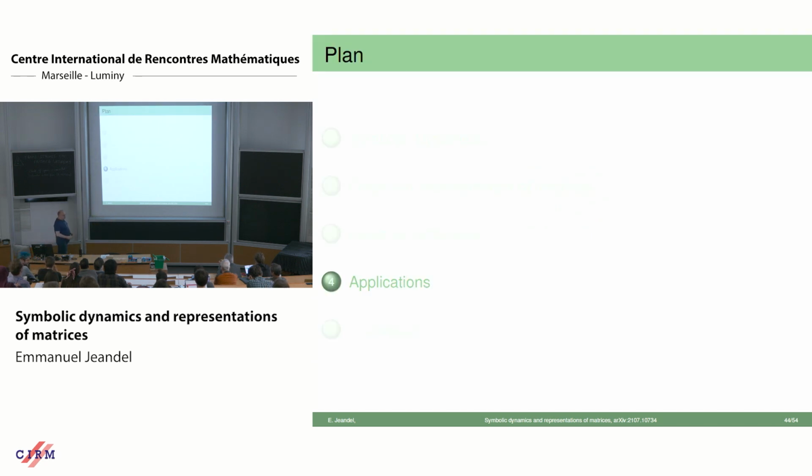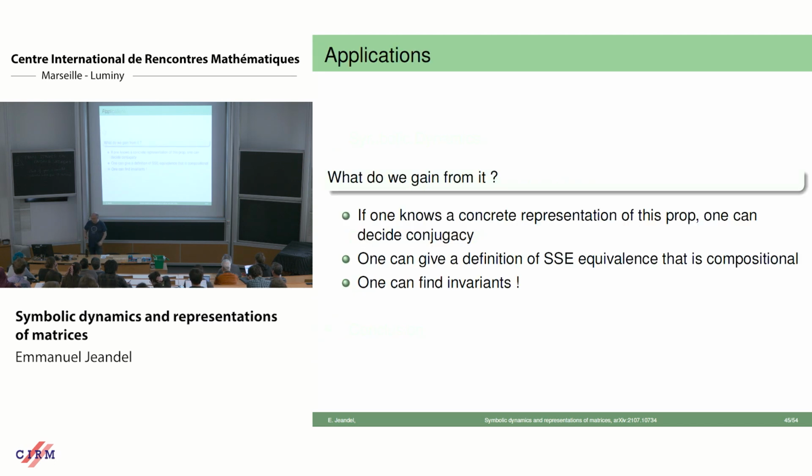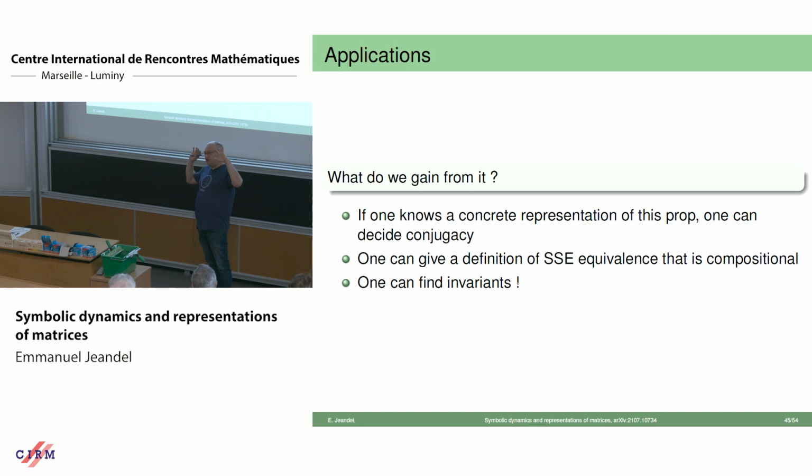So what is the main application? So there are a few applications of that. So the first application is that, okay, if someone is capable of saying to me what is exactly the object that is represented by all these generators and all these relations, then we have one.